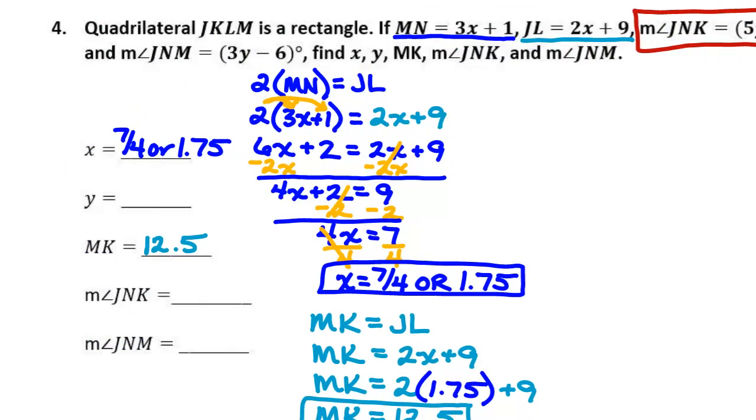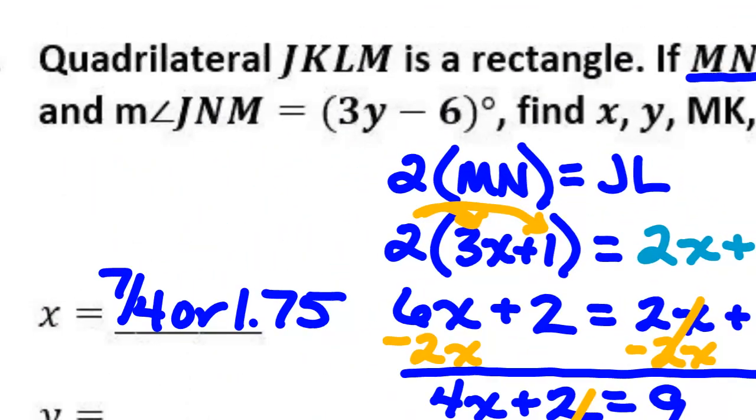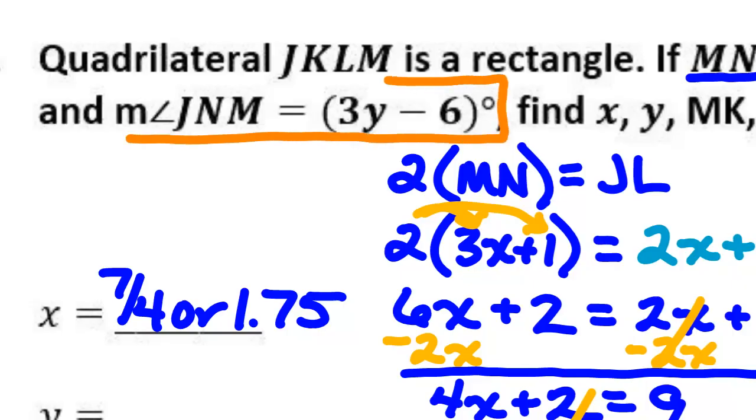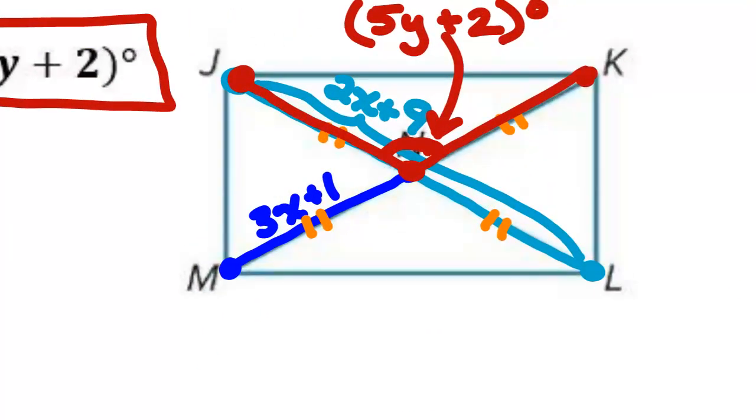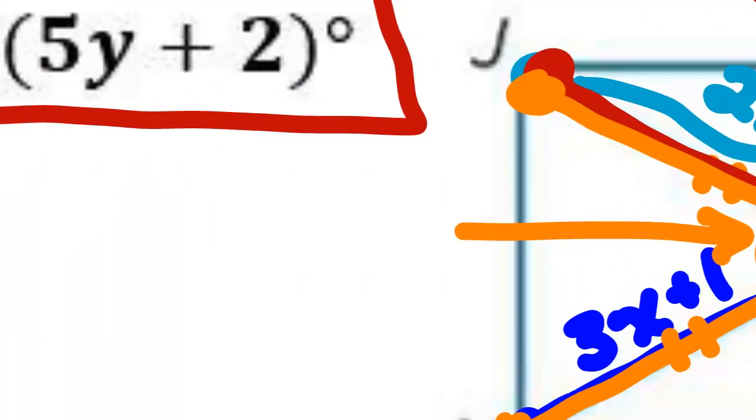And then we also know that angle JNM is 3y minus 6 degrees. JNM, so this angle right here is 3y minus 6 degrees.